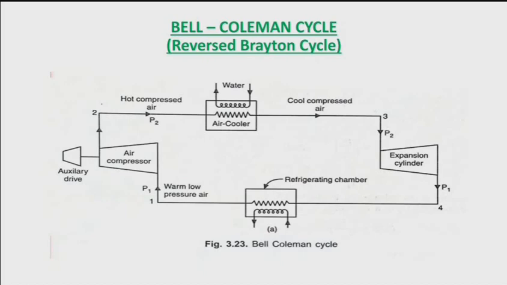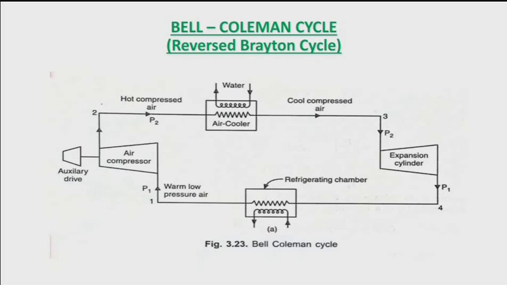So what happens to the temperature? From P2 to P1, that is from stage 3 to 4, the temperature of the air becomes very cold. Okay, and that cold air again passes through the refrigerating chamber, where it absorbs heat from the coil inside, and exchanges that coldness to the coil, and hot air passes through that coil.